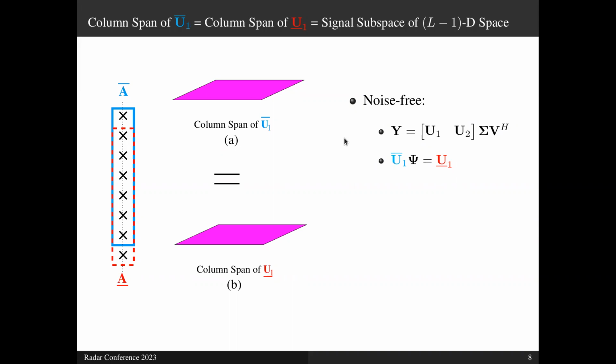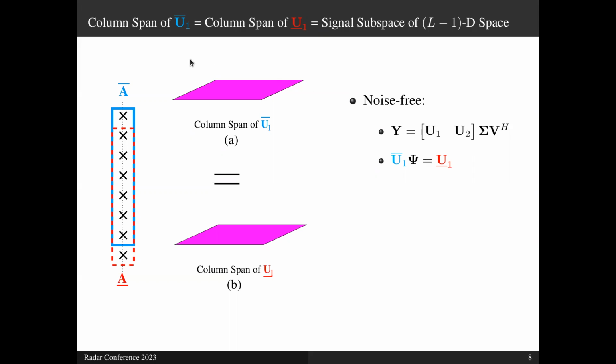In this noise-free case, we denote our data matrix by Y, and we perform its singular value decomposition, SVD. The left singular vector matrix U can be partitioned as shown here into U1 and U2, where the number of columns in U1 is equal to the number of targets. And this U1 matrix also has the shift invariant structure.